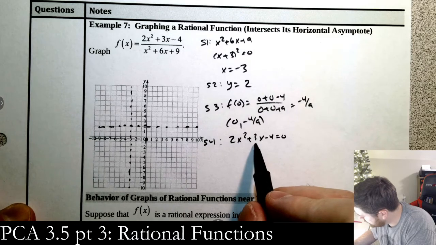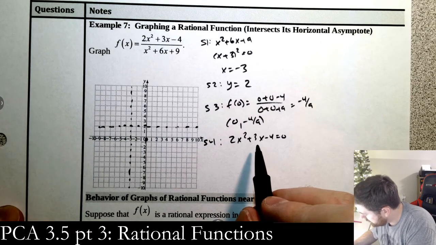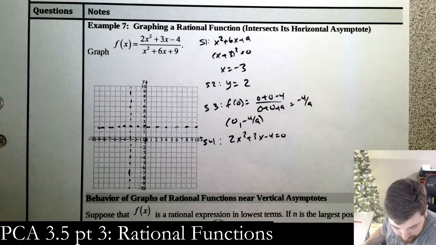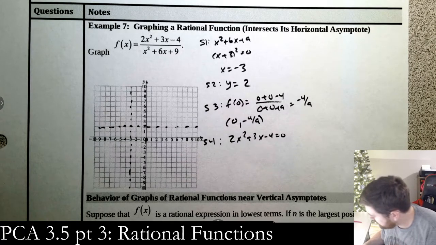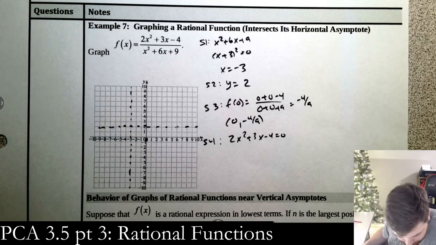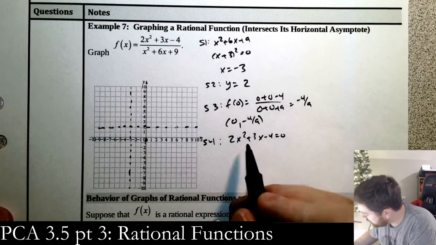Negative 8, 4 and 2, 1 and 8. So that doesn't factor, does it? Let's see here. Well, if it doesn't factor nicely, let's just use the quadratic formula.